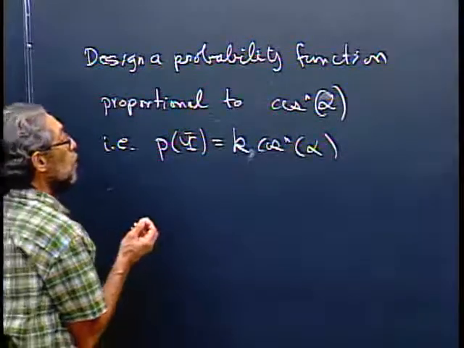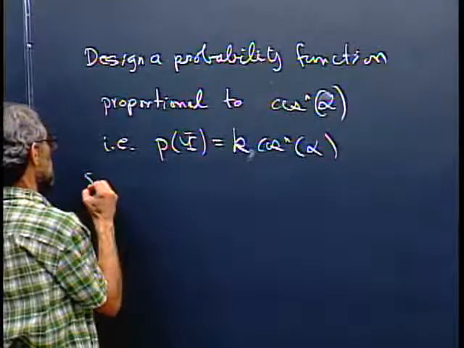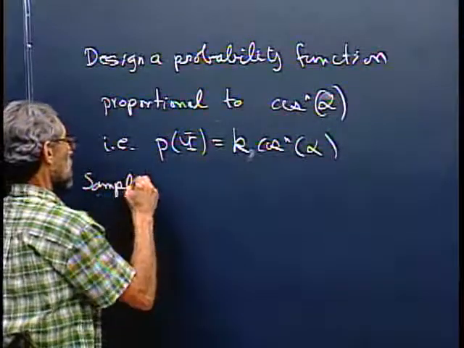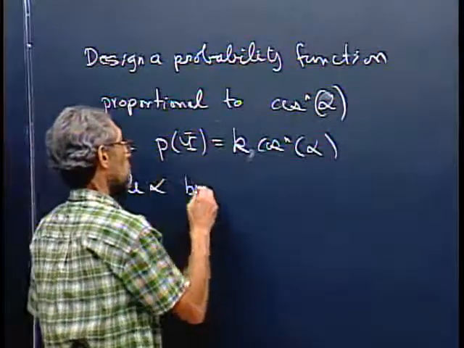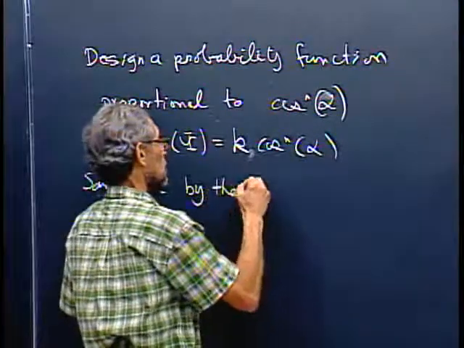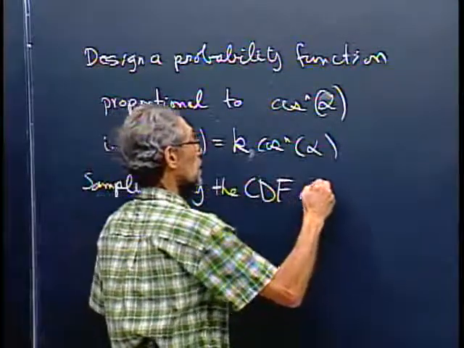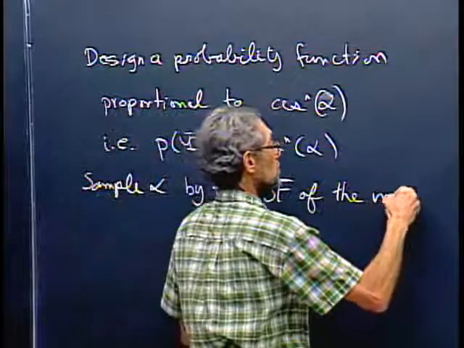And so what we're going to do first is sample alpha by the cumulative distribution function of the marginal distribution.